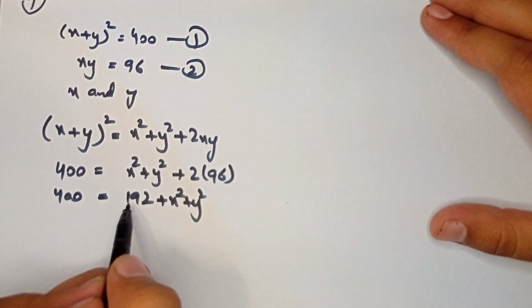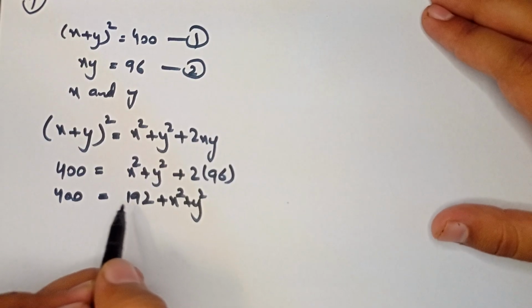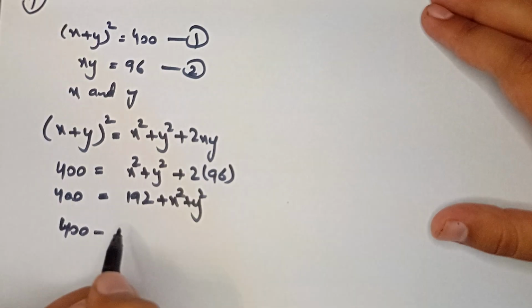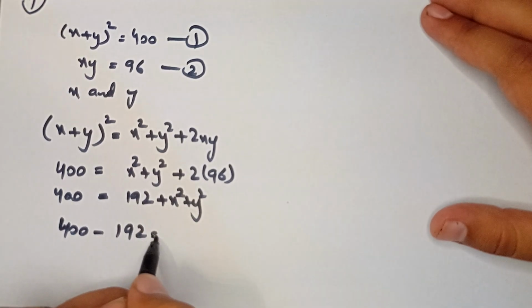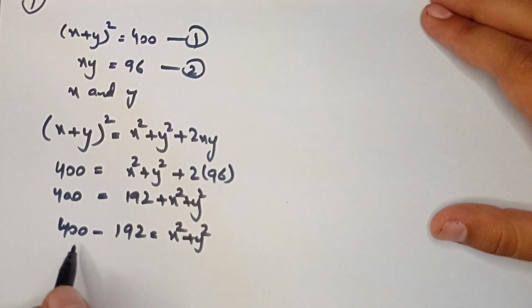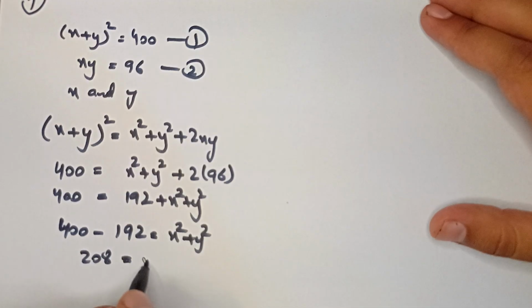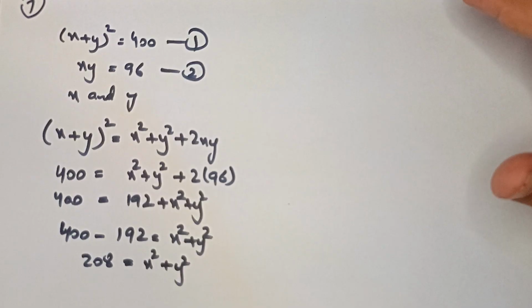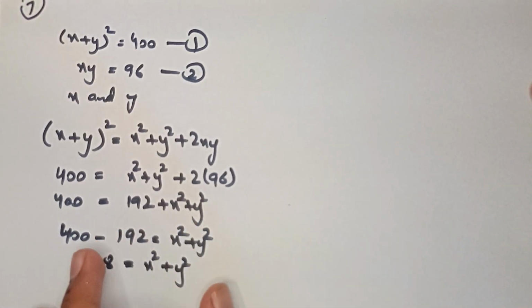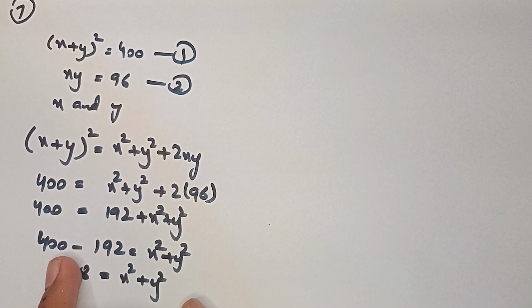Minus 192 should come to the second side and get subtracted from 400. After subtracting, we get 208, which is the sum of both squares, x² + y². Okay, then let's move on.